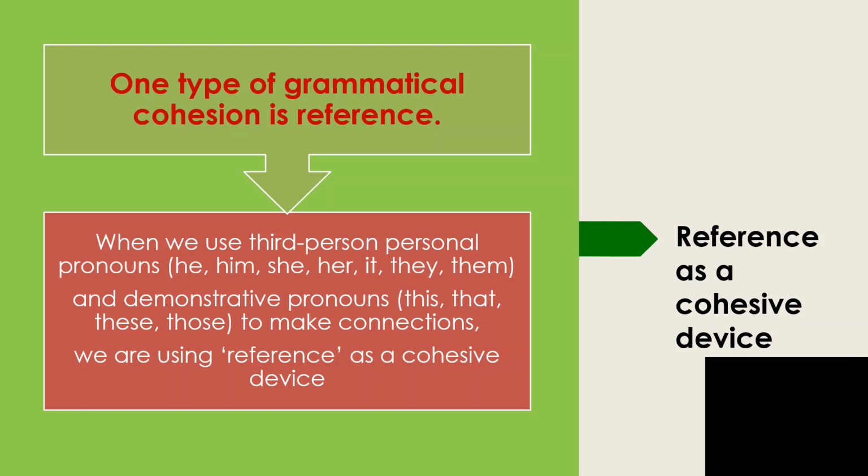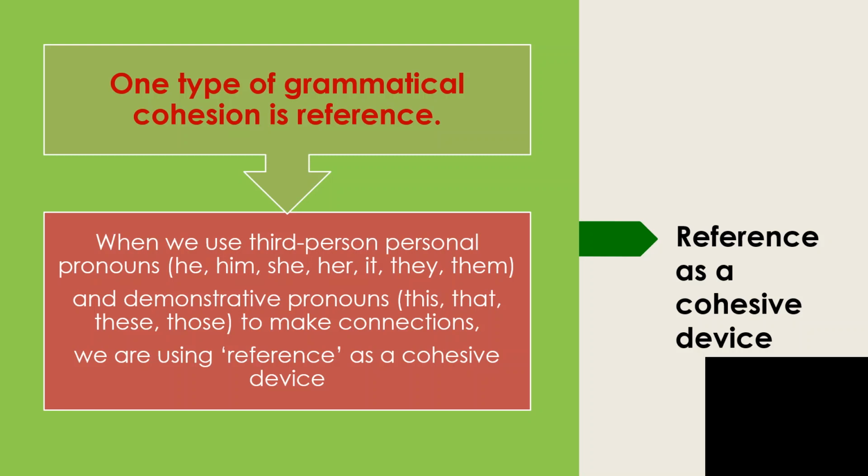So, a reference is when we use pronouns in order to show that the pronoun that we're using now is the same as the noun or noun phrase that we mentioned in some other part of the sentence or of the paragraph. And the reference type of cohesive device uses mainly two types of pronouns.